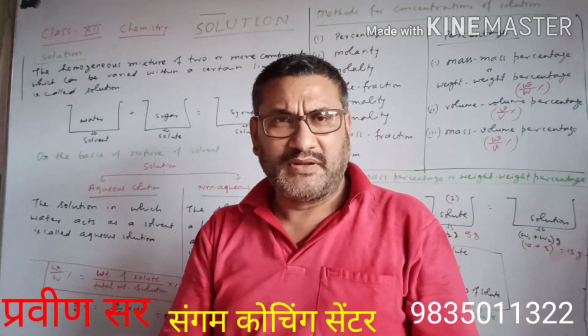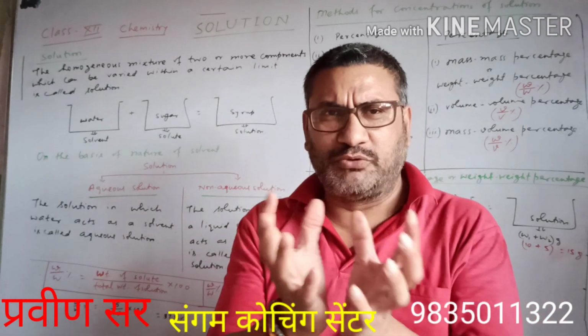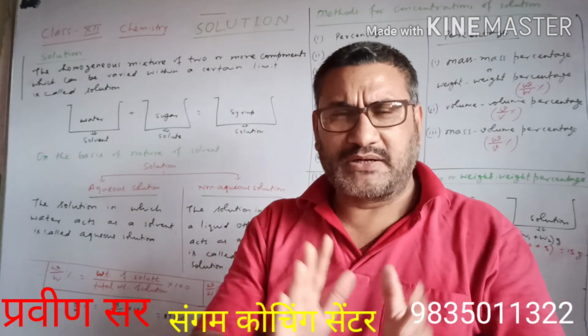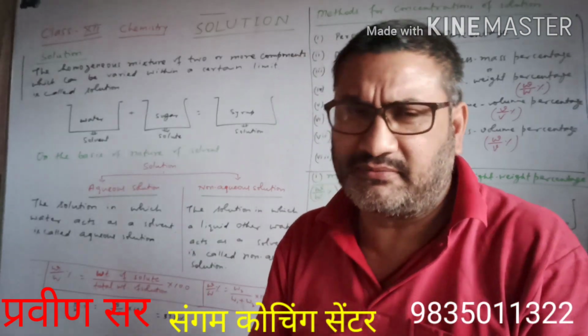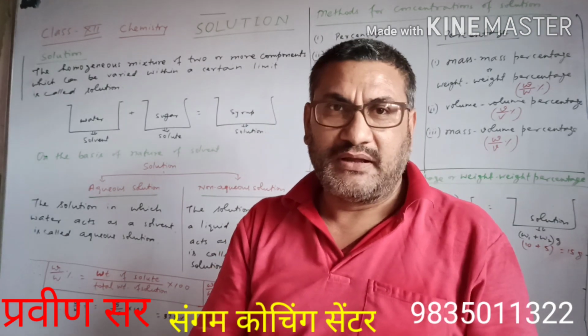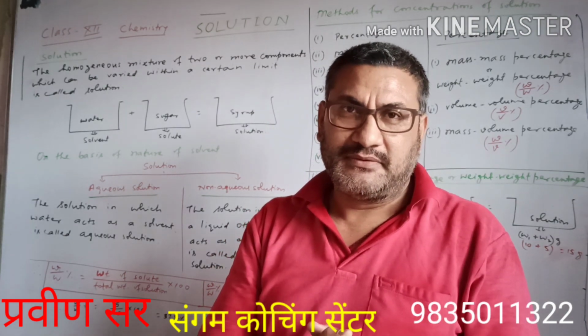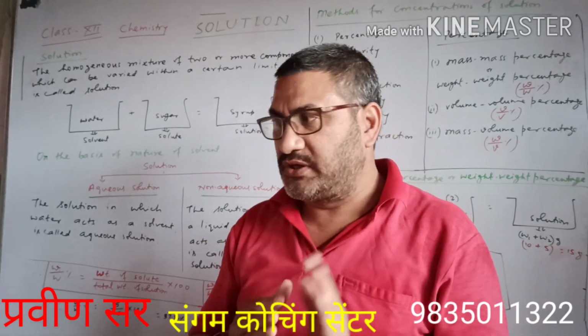When the same proportion of substances are mixed together in all parts, that type of mixture is called a homogeneous mixture. And when the proportions are different at different parts, then it is called a heterogeneous mixture.